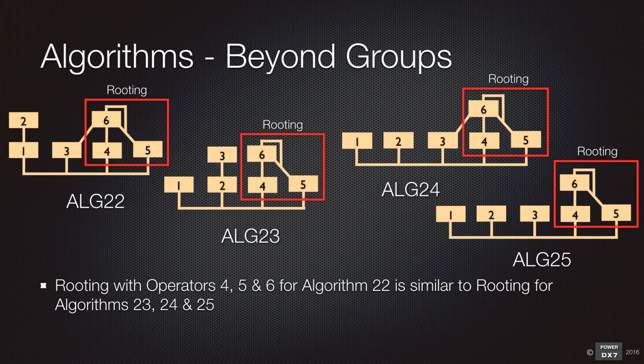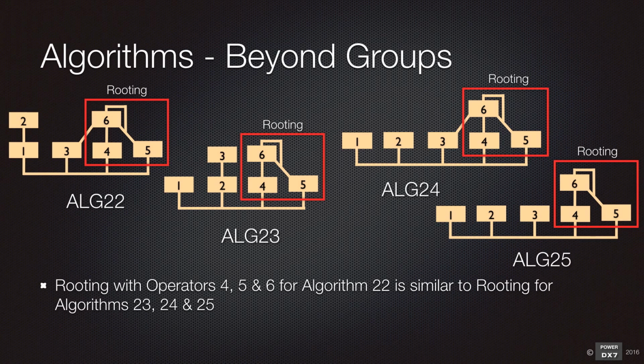Note that for algorithms 24 and 25, there are 2 or 3 operators without modulators. They are carrier-only operators which produce pure sine waves.